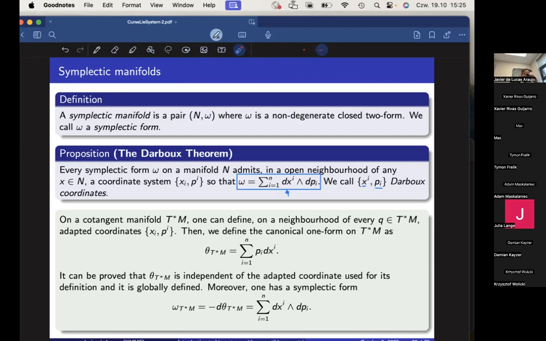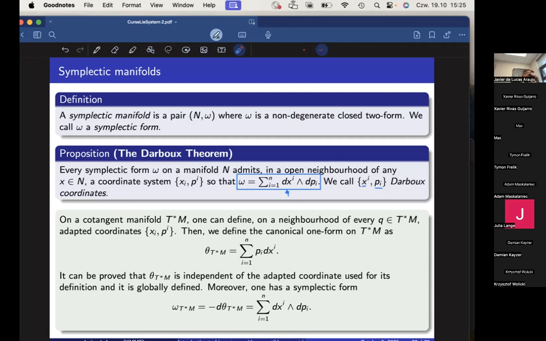So one of these manifolds which admits a symplectic form in a canonical manner is the cotangent bundle to a manifold M. So how do we do it? Well, consider a point of the cotangent manifold, and you can consider adapted coordinates to the cotangent manifold.